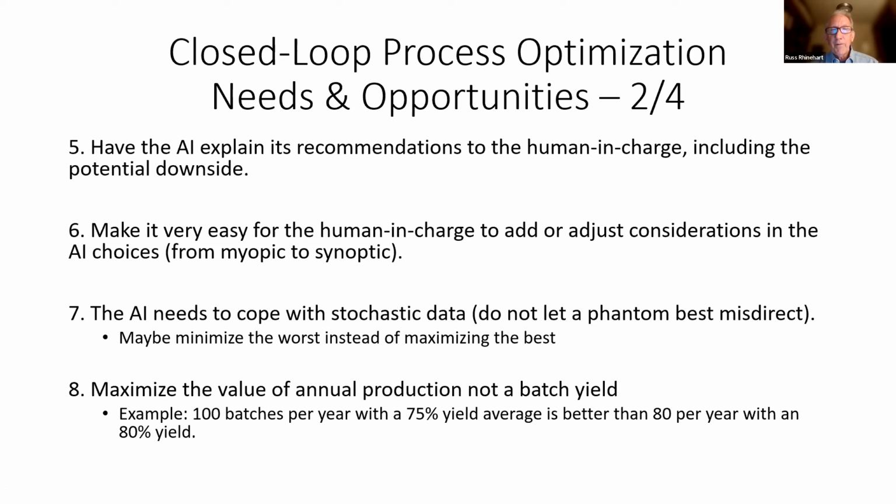And so a lot of efforts recently have been to reveal to the operator the why, what the forecast results are going to be if the controller takes action now. And this helps establish credibility with the people that are in charge of the process.